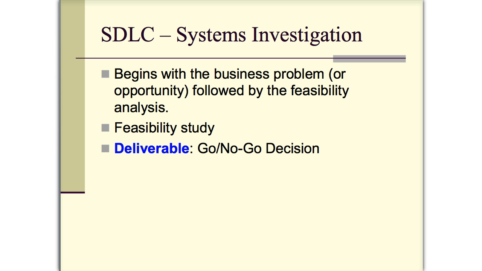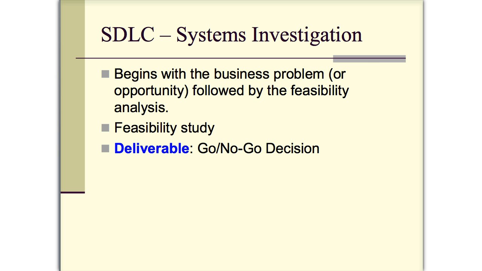Okay, so we'll look at each one of the parts of the SDLC in a little bit more detail. The investigation part, you're starting with what is the problem or opportunity. What are the different levels of feasibility? So in the feasibility study, is it technically feasible? Is it financially feasible? There are a lot of different feasibility levels that an organization needs to go through that feed into that decision making process.